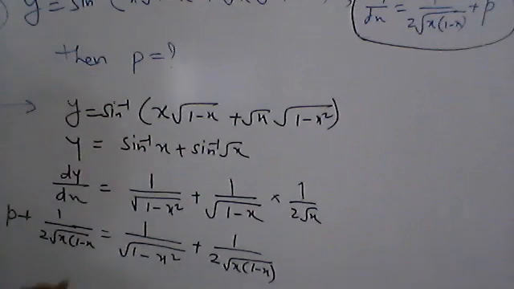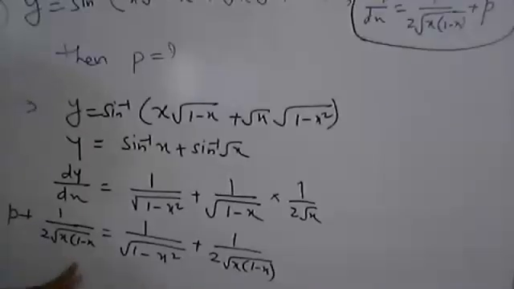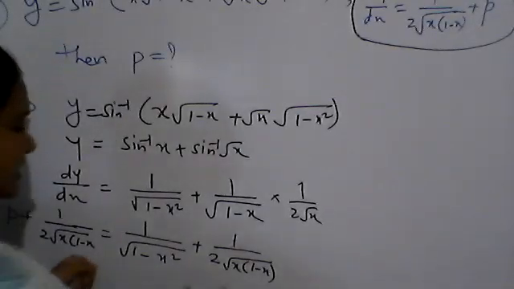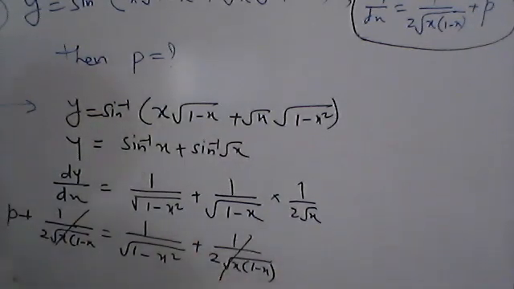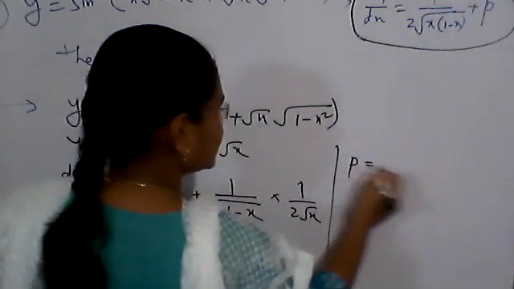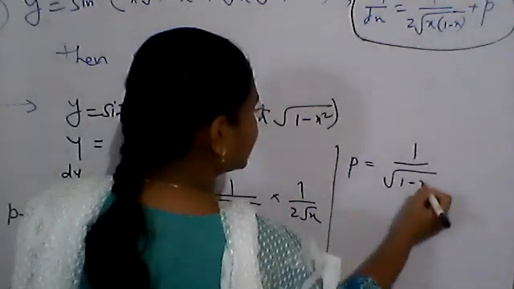We can cancel on both sides this 1 upon 2 root quantity. So what is p? P is nothing but 1 upon square root of 1 minus x square.